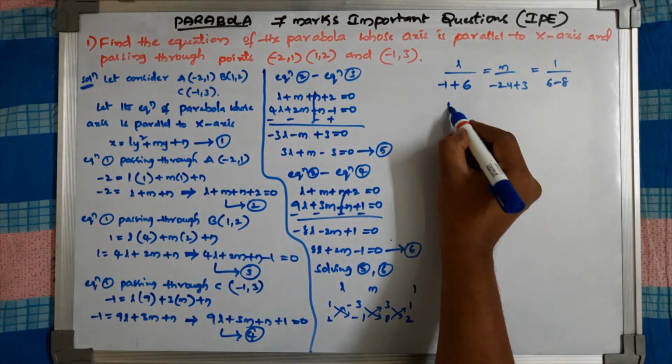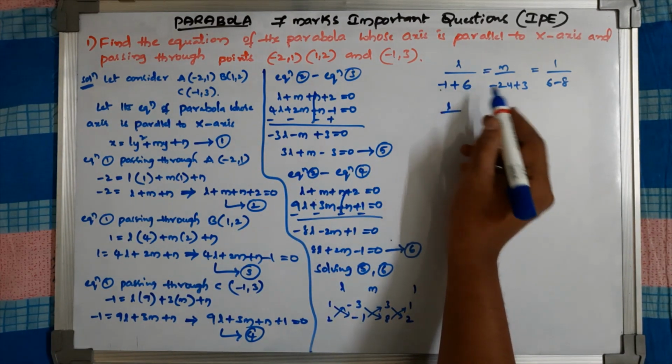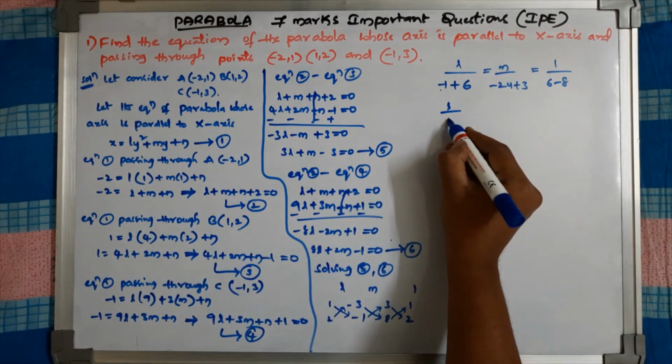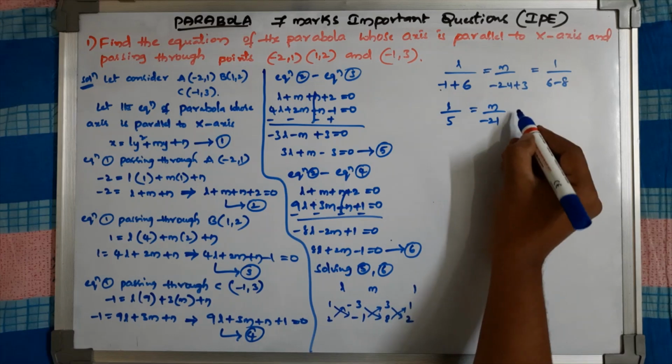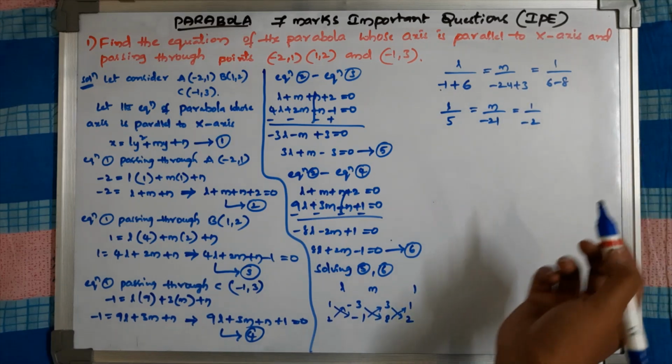So that you can get L by 5 is equal to m by minus 21 is equal to 1 by minus 2.